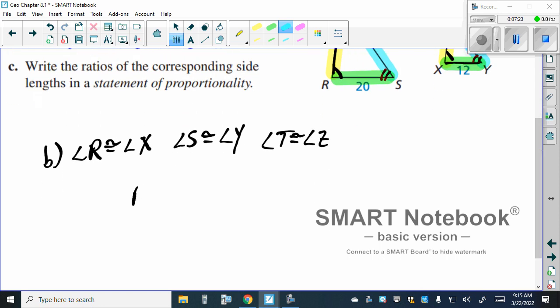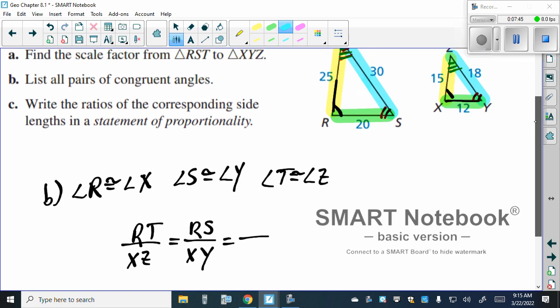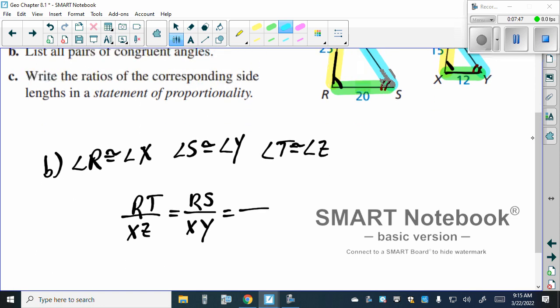So we can say that we're comparing RT over XZ is proportional to RS over its corresponding side XY, is proportional to our last set, TS or ST, and YZ.